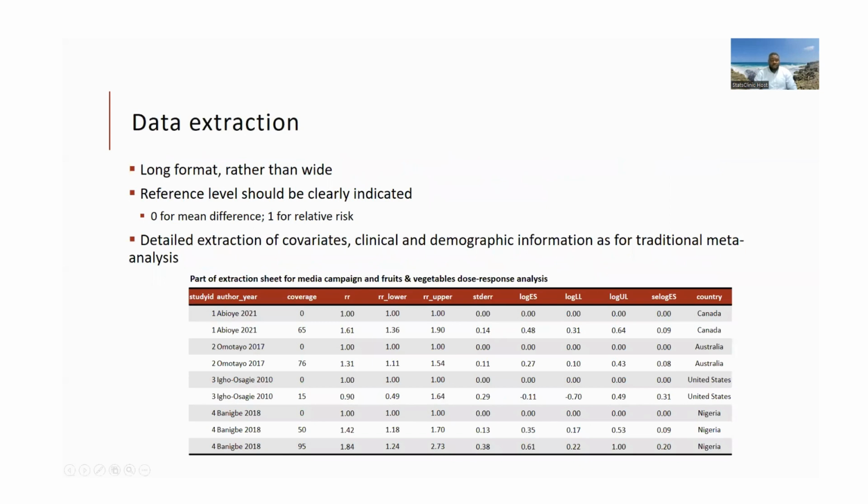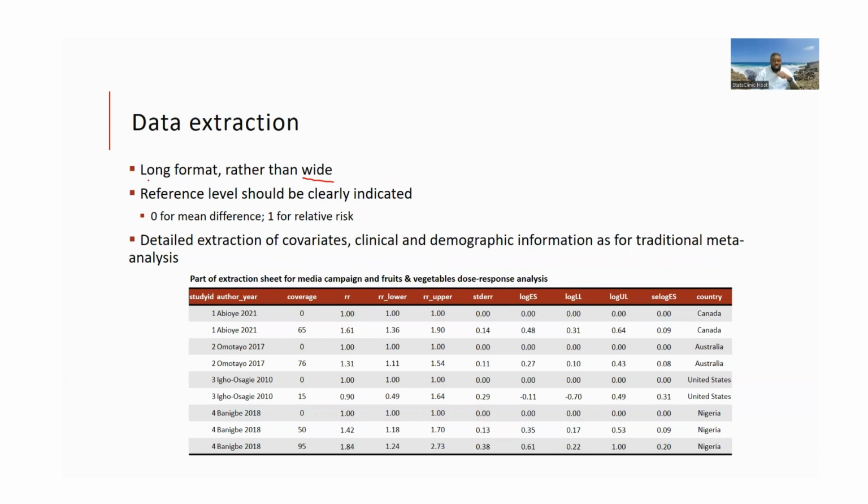And so you extract your data into a sheet that looks like this, an Excel sheet, same as we've seen previously. There is one thing to note: in traditional meta-analysis, you extract the data in wide format.